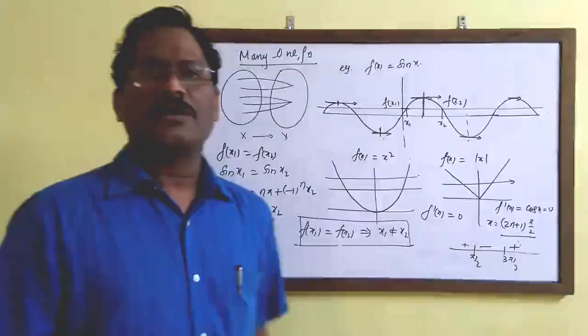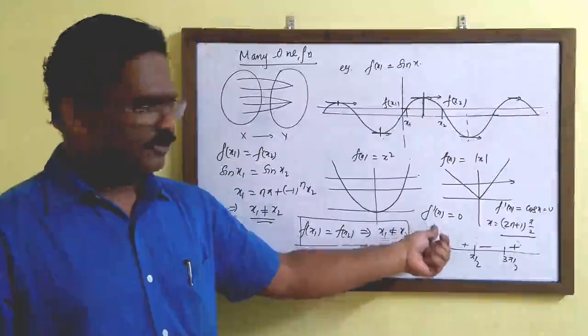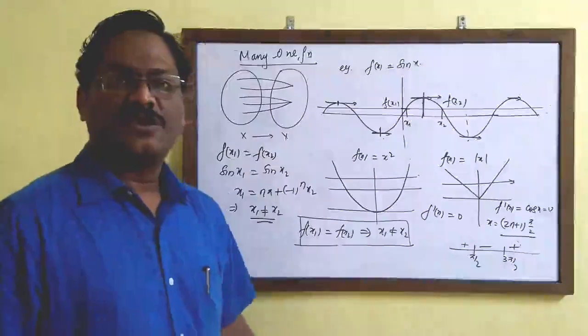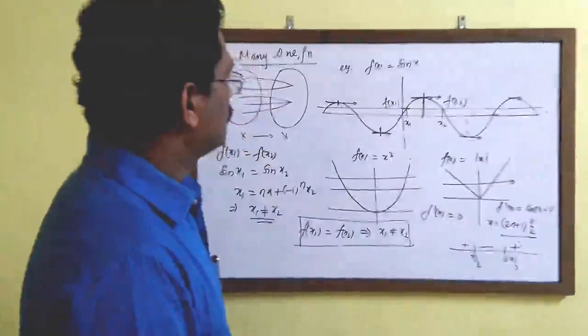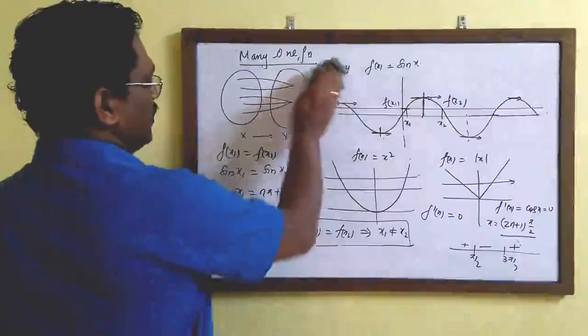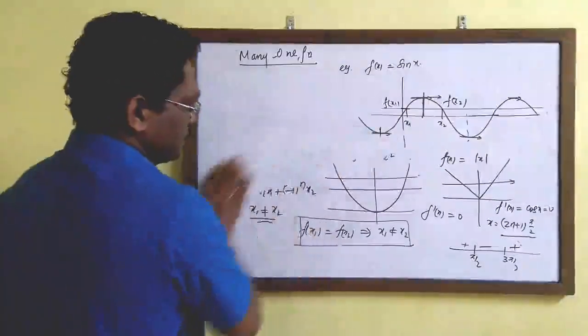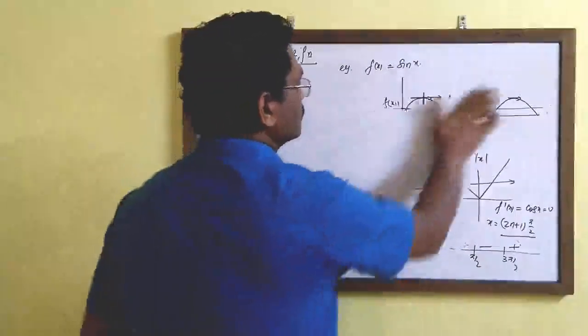If the sign of f dash x changes across those points, then you will say that the function is a many-one function. So now let's take a couple of examples based on many-one functions.